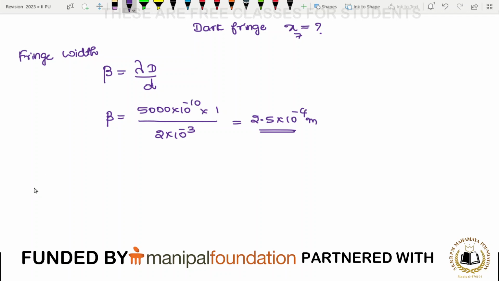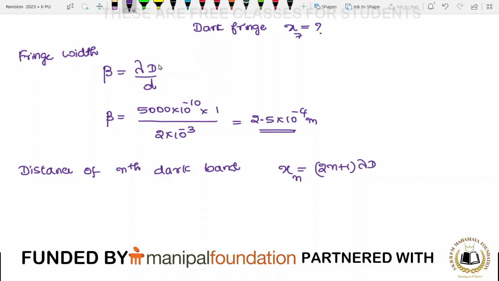Next one, distance of the nth dark fringe, dark band or dark fringe. That formula is xn equals (2n plus 1) lambda D divided by 2d.